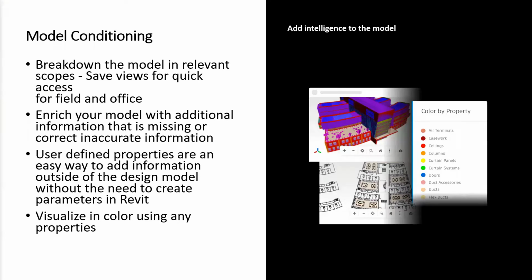It's also really easy to condition a model with information and organize a model in the way that you want to see it. And you could even standardize it for your on-site field teams as well if they want to view it on their iPad. Okay. You can also automatically visualize in color using any properties, and we'll show that within the demo stage as well.